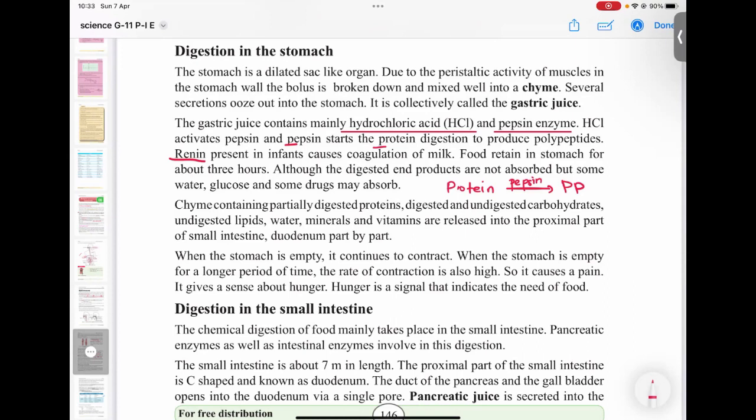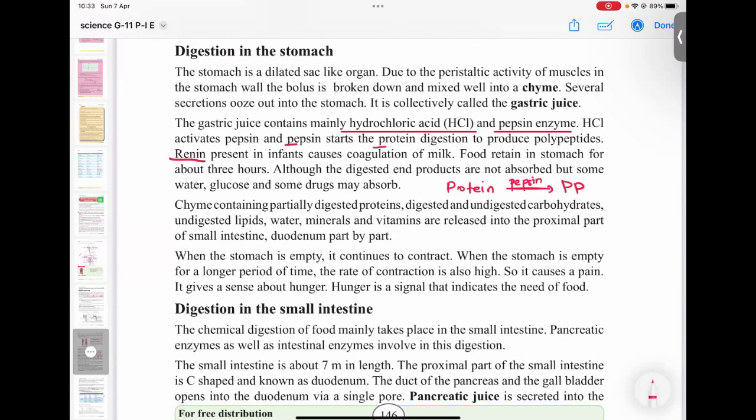You have curd, the milk converted to curd. But milk is liquid, no? So it causes coagulation of milk. If you have small brothers and sisters, you might have seen that when kids drink milk and vomit, it will be semi-solid. It's because the renin makes the milk coagulate. So it's one of the enzymes in the stomach of infants.